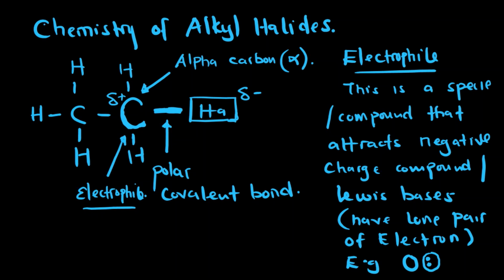So always remember, on an alkyl halide, the alpha carbon is positively charged and it will attract Lewis bases or negatively charged species. The negatively charged species or Lewis bases that will come and act on the alpha carbon are what we call nucleophiles.